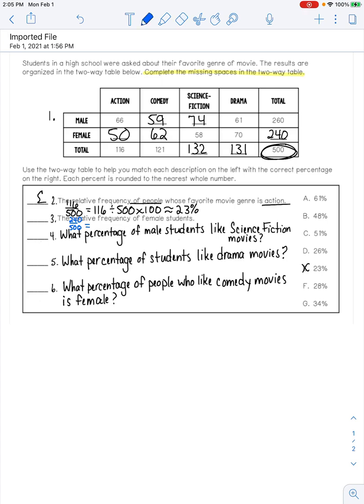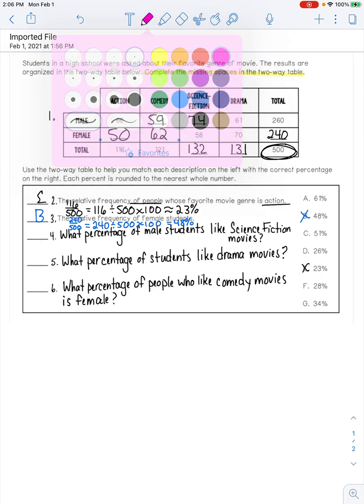So to find my percent or relative frequency, I'm going to do top divided by bottom times 100. So 240 divided by 500 times 100 will give me exactly 48%. And that is choice B. So number 3, you should have gotten B.